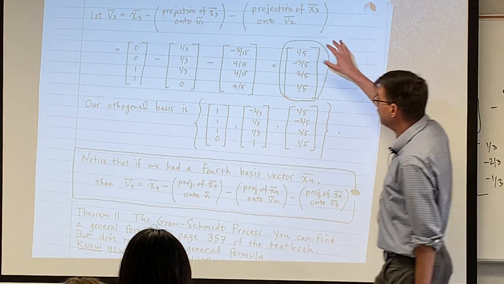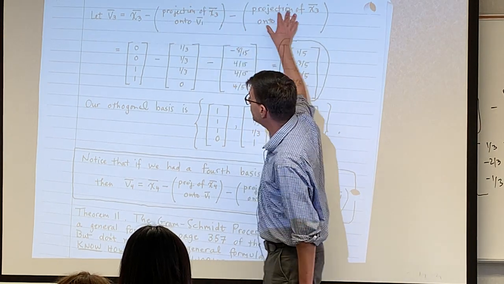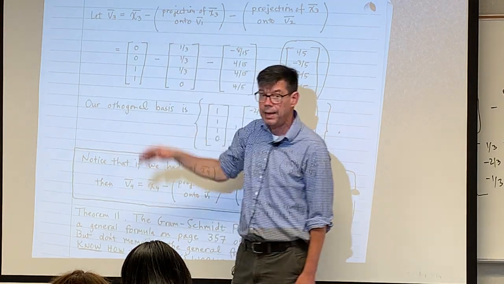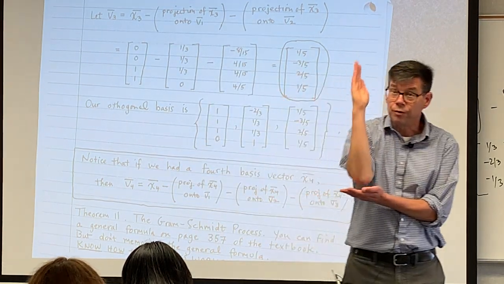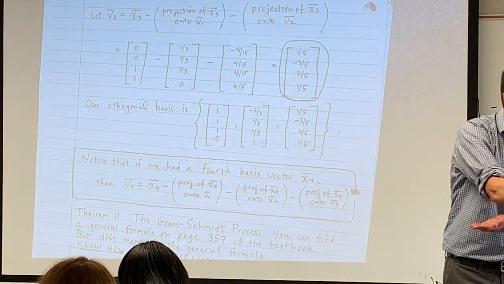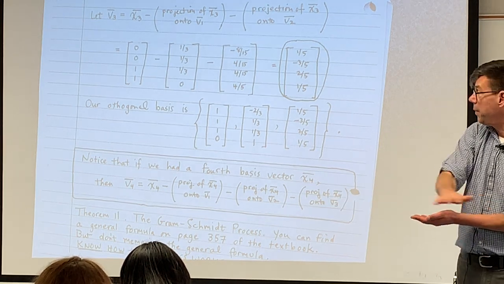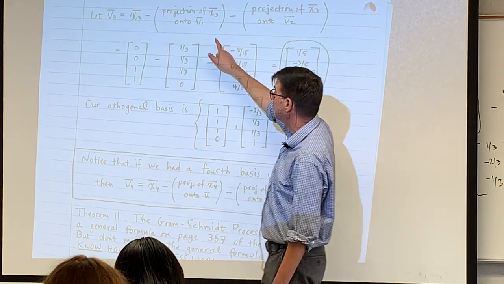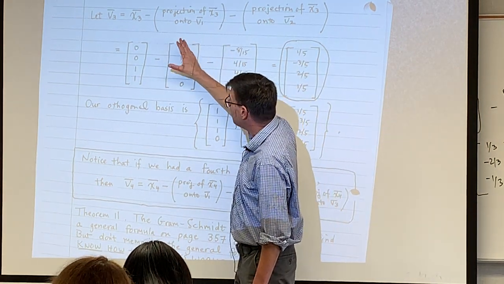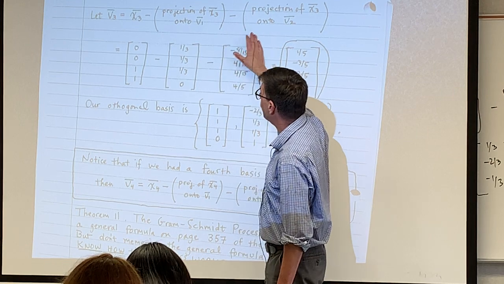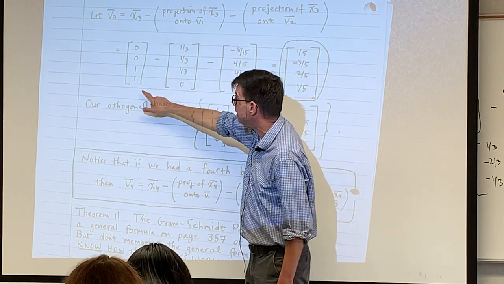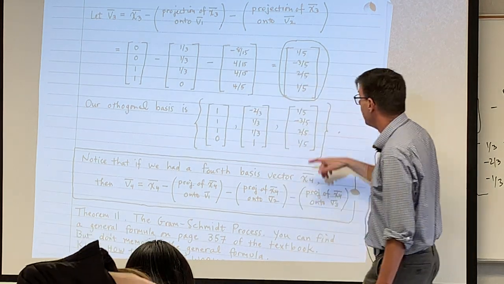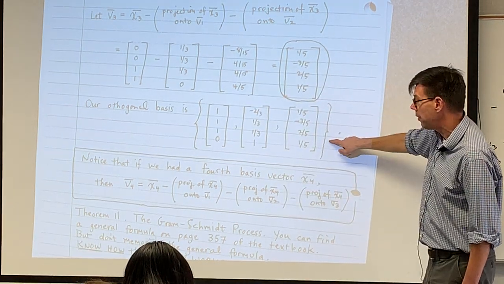When I take x3 minus that, I'm getting a new vector perpendicular to the subspace spanned by v1 and v2, okay? So it gets a little bit more complicated, but the pattern of the formula is easier to see if we write it this way. So it's x3 minus that one projection minus the other. And there's our third vector for the orthogonal basis.